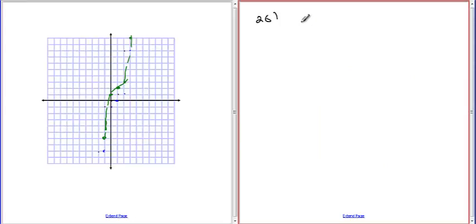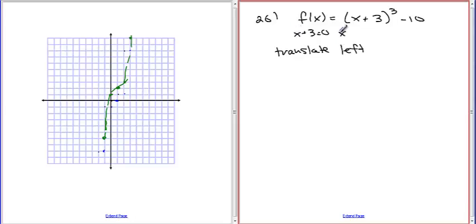26. f of x equals (x plus 3) cubed minus 10. So again, we're going to translate left because x plus 3 equals 0. You get x equals negative 3.